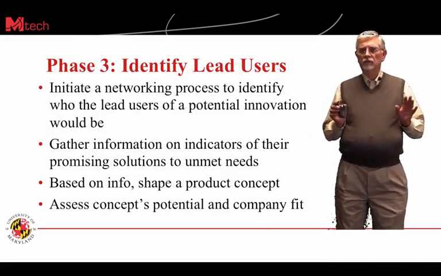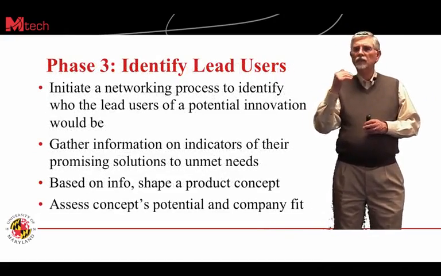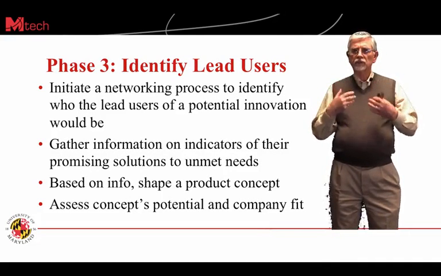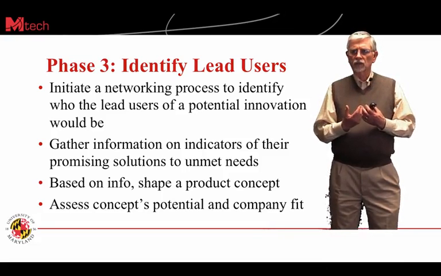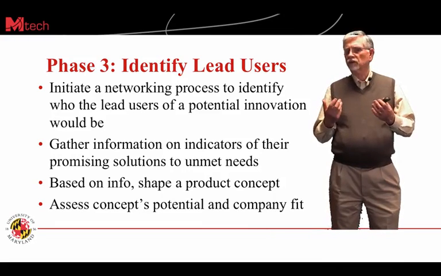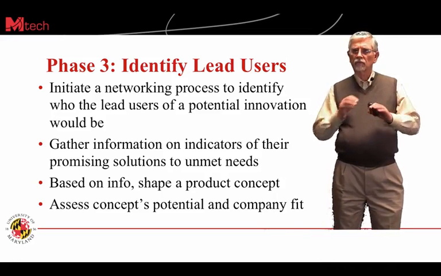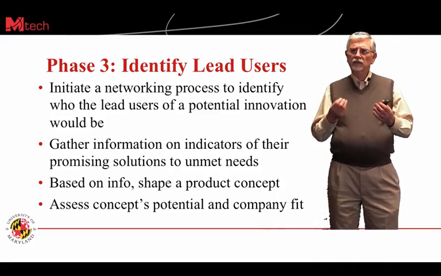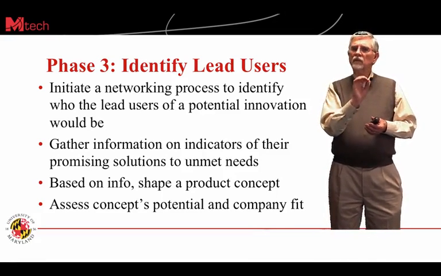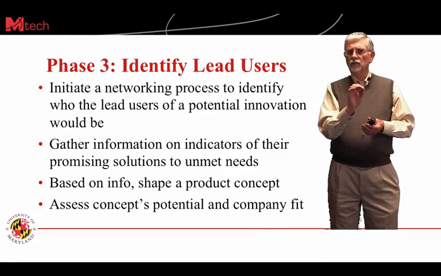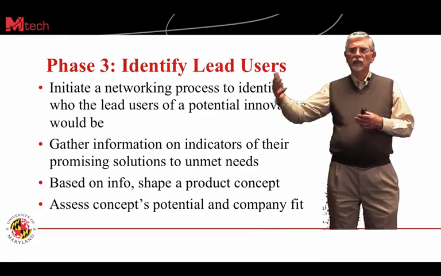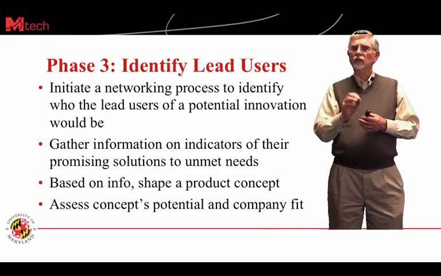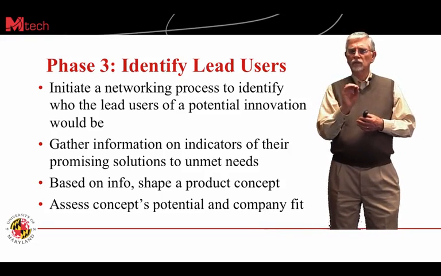So the third phase is to identify who the lead users might be. You initiate some kind of networking process to identify who the lead users of a potential innovation would be. The reason is, if we think about adopting a potential innovation, you want to find out who would be the first people who would likely need it the most. So you're not looking only at the techies, the people who are looking for novelties. You're looking at people who really need a solution to that problem.